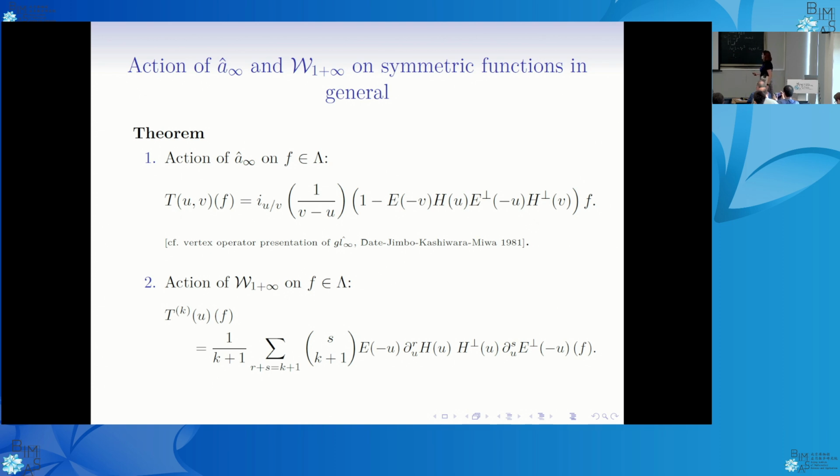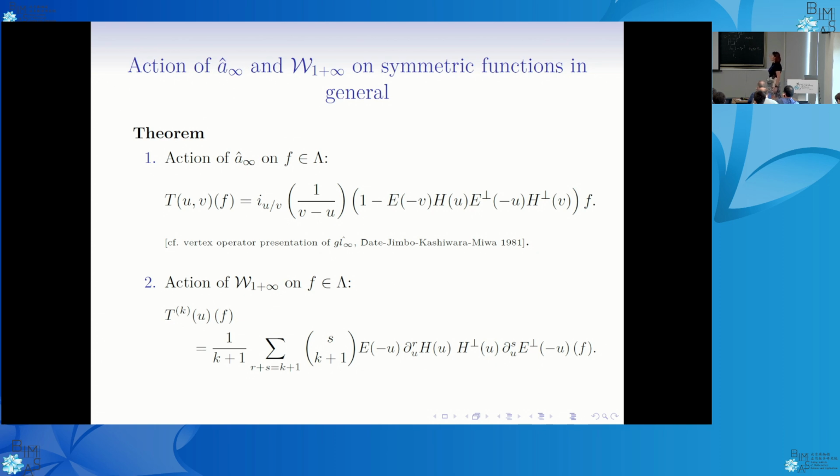Here we have to apply a bunch of differentiations, adjoint operators and multiplication operators, and then multiply the result by a geometric series. If we express this formula in terms of power sums, in terms of the Heisenberg algebra, we get exactly the formula for the vertex operator representation of gl infinity hat, which first appears in one of the papers of Date, Jimbo, Kashiwara and Miwa in 1981.